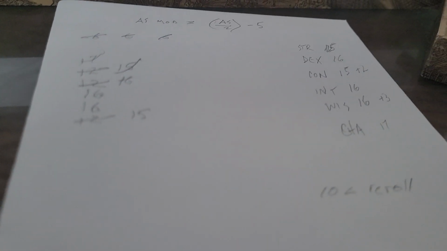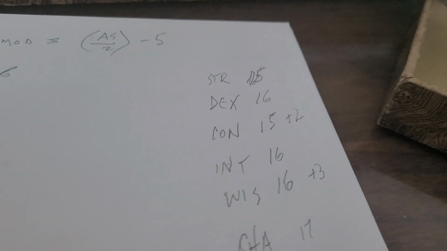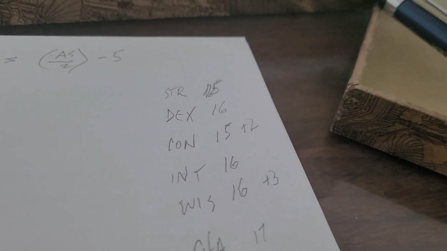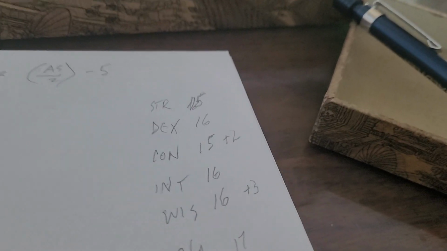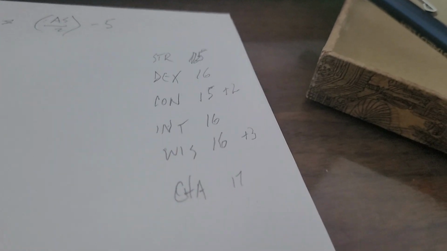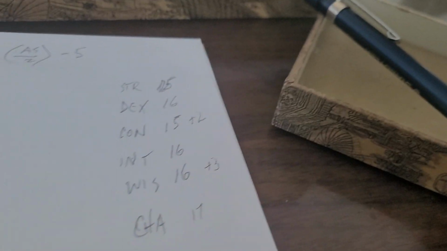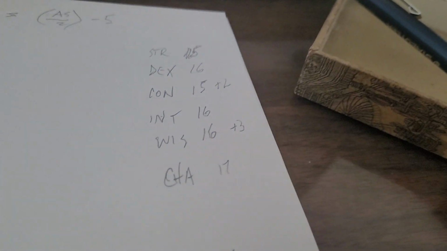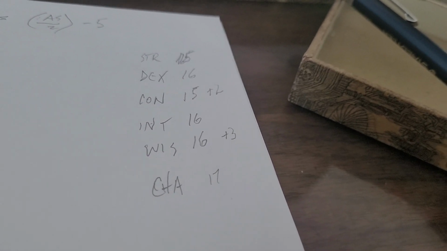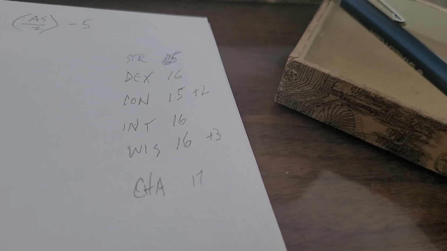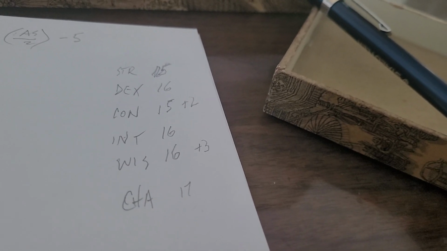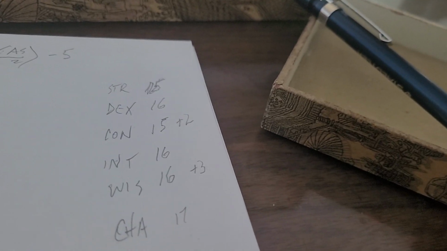So, for instance, if there was a constitution skill, which I don't think there is, but if there was, you'd add your 2 plus 2 is 4, as an example. For a wisdom ability score, you would have something like animal handling or insight.